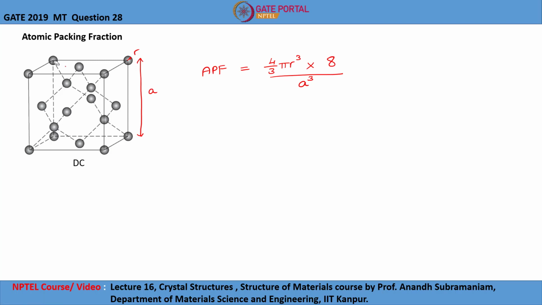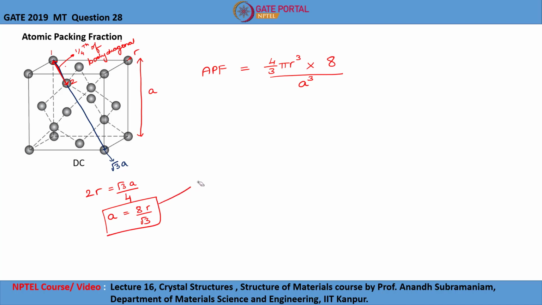In diamond cubic structure, these two atoms 1 and 2 will be touching each other, and this length will be equal to 1/4 of the body diagonal. As we know, the body diagonal length will be equal to root 3 a. From this length we can say that 2 times the radius will be equal to root 3 a by 4. So the lattice parameter a can be written as 8r by root 3.